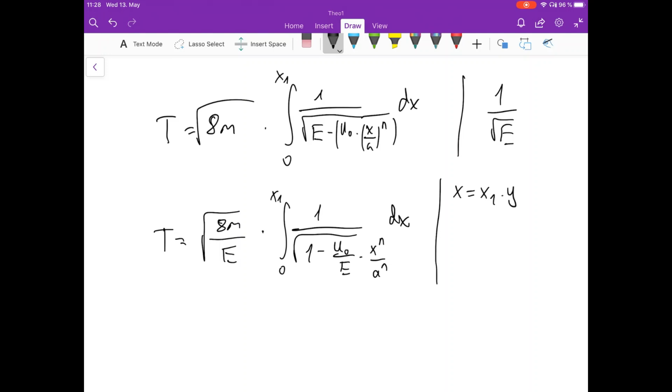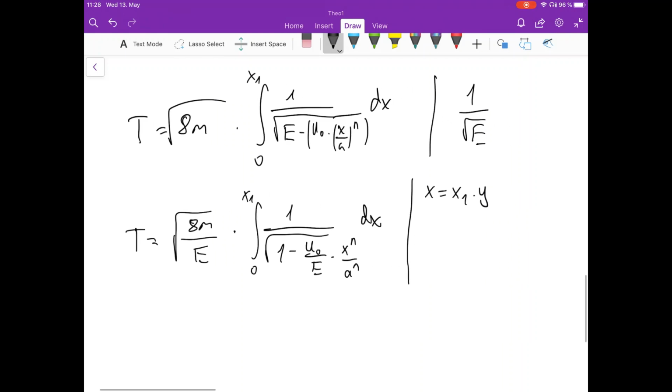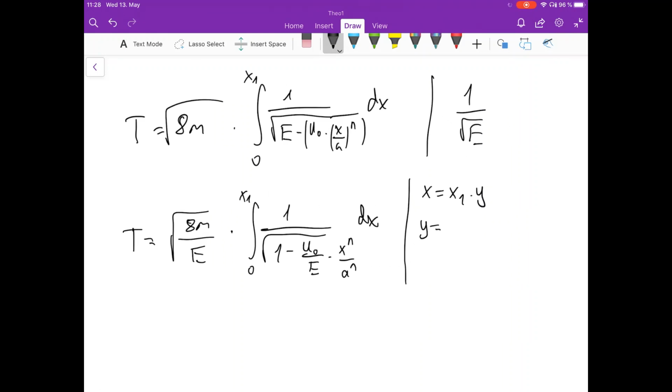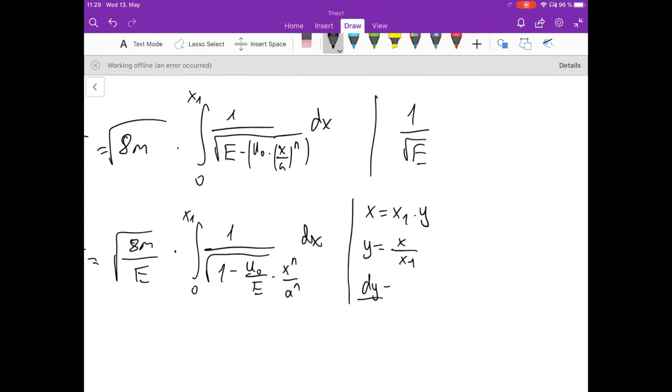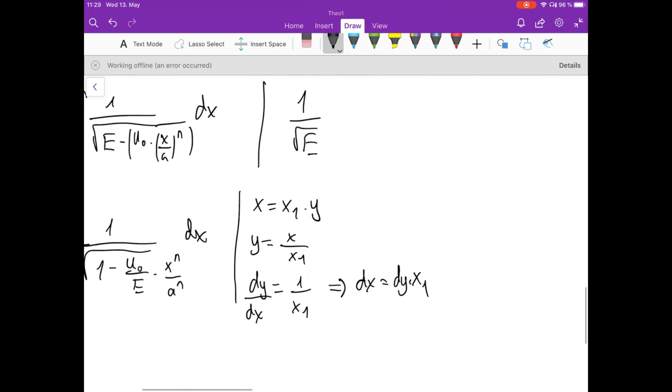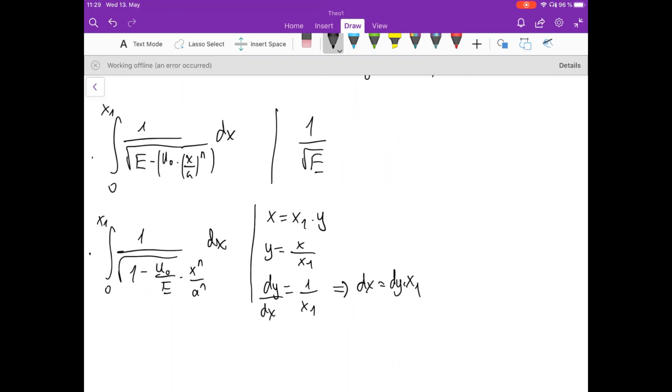So basically, let's say x equals x1 times y. I can do this, why not? So therefore, y is going to be equal to x divided by x1, and therefore the derivative of y with respect to x is going to be equal to 1 over x1. And from that, I can say dx is equal to dy times x1.